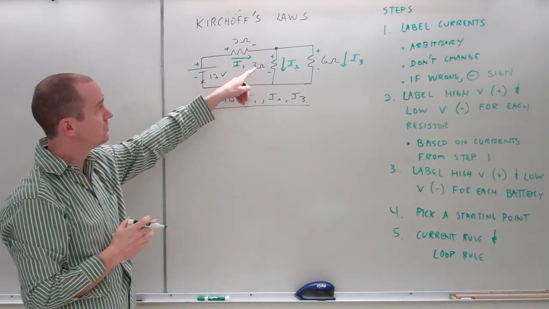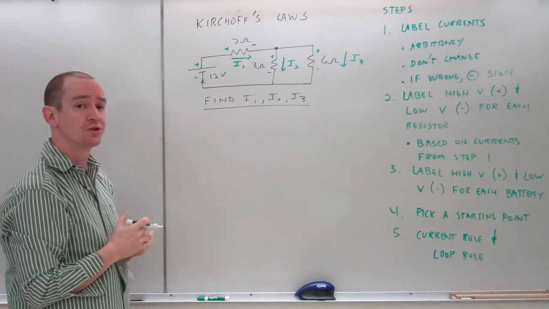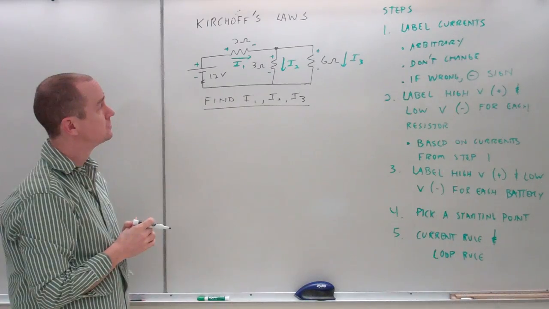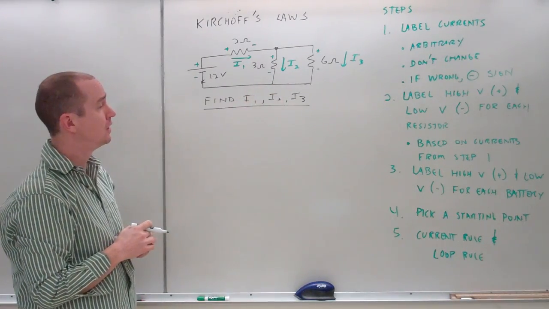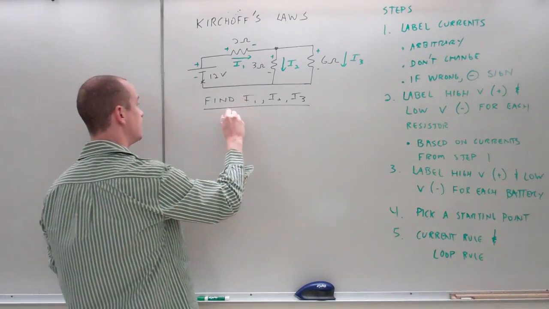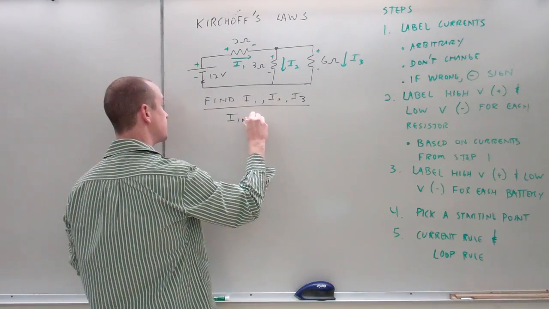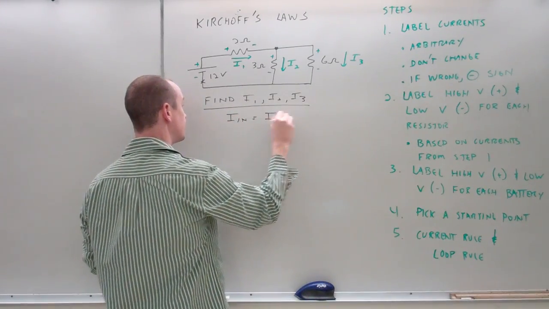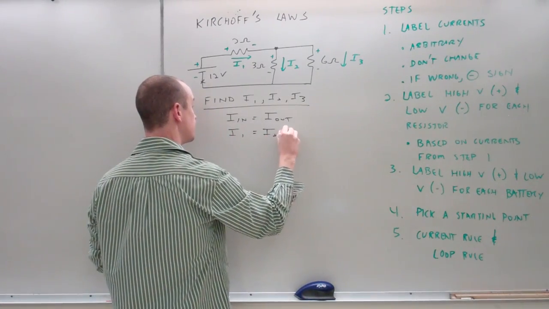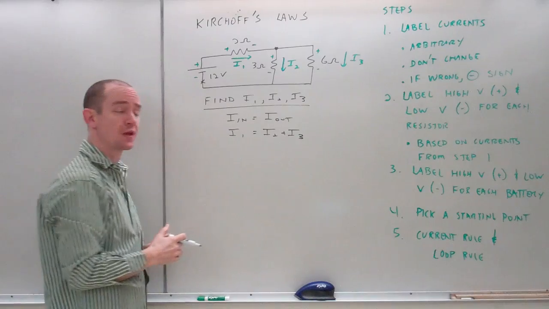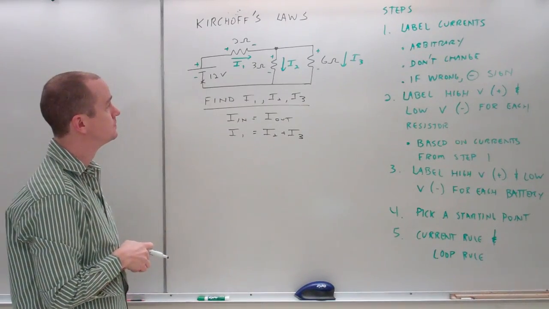The current coming into it is I1. What's the current coming out of it? I2 is coming out, and I3. By the junction rule, these things must be true.